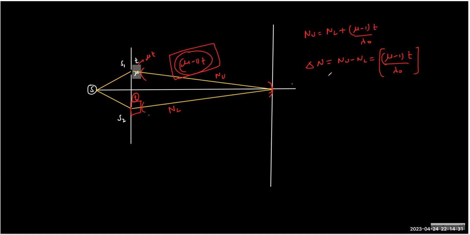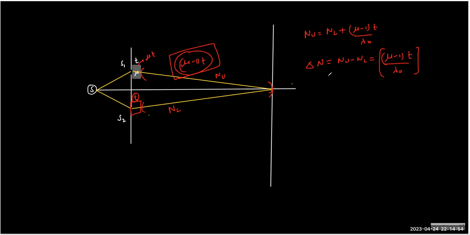Which means the center will be again maxima. Because you're superposing in the same phase, peak will meet the peak, trough will meet the trough all the time. So what we'll get is the maxima. Yes or no?